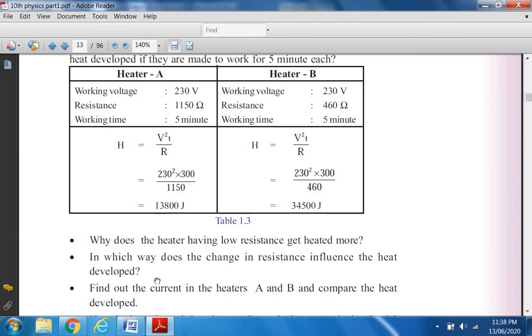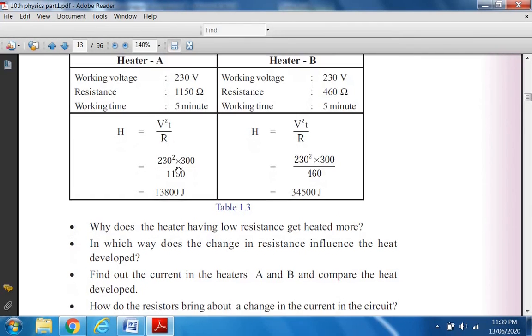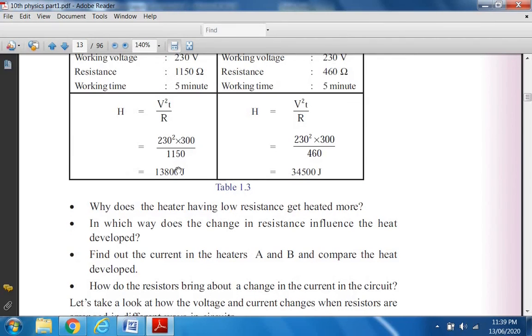Current: for the first heater, I is equal to V by R, that is 230 by 1150 ohm, which is 0.2 ampere. For heater B, it is 230 by 460 ohm, which is 0.5 ampere. The heater with low current is heater A, in which the heat energy produced is also less.